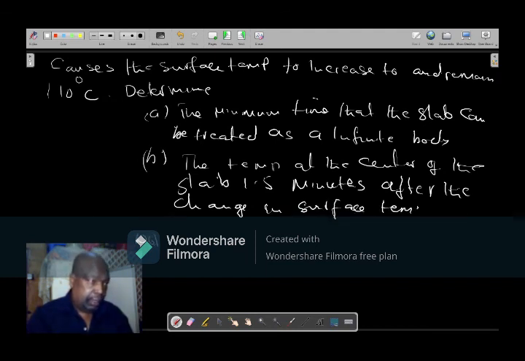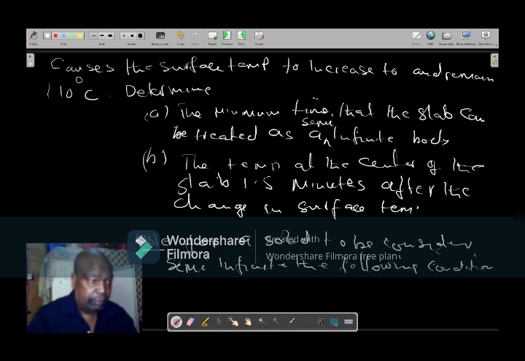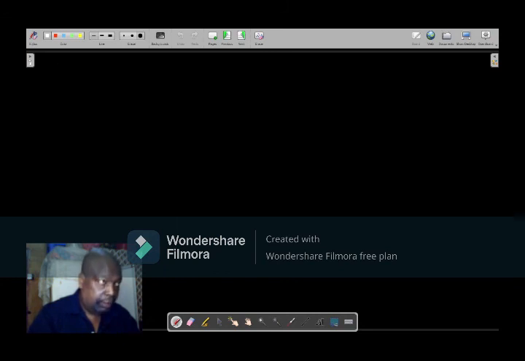Now note, for a solid to be considered semi-infinite, the following condition must be observed: L divided by 2 square root of alpha t is greater or equal to 0.5. So squaring both sides, we get L squared over 4 alpha t is greater or equal to 0.25.